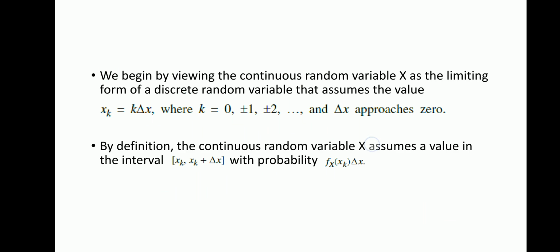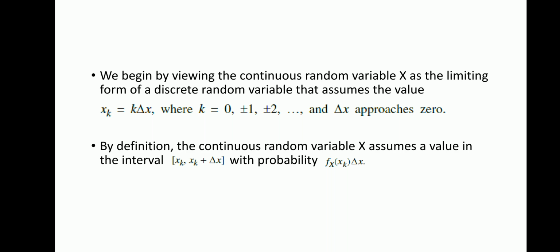to the base 2. So we are considering our continuous random variable x as the limiting form of a discrete random variable, taking values xk equal to k delta x, ranging over xk to xk plus delta x, with probability fX(xk) delta x.